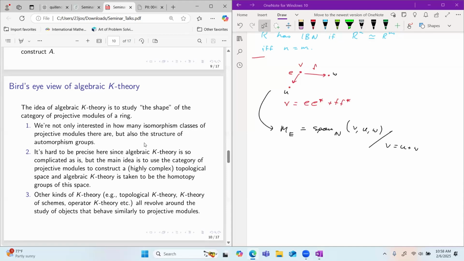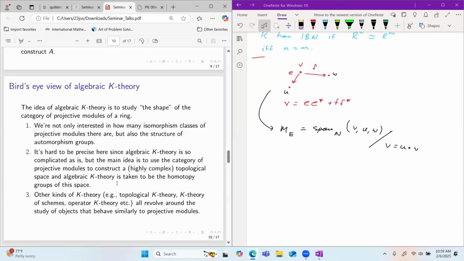And what we do to define algebraic K-theory is we take this category and we take out all the things in there that aren't isomorphisms. So we're just looking at the category of finitely generated projective modules with its isomorphisms, and we construct a very complex topological space, and we take its homotopy groups to be K-theory.